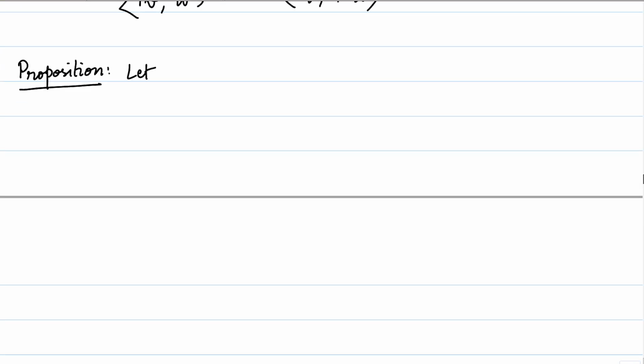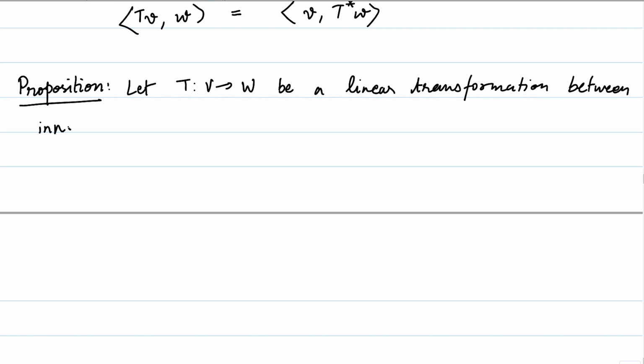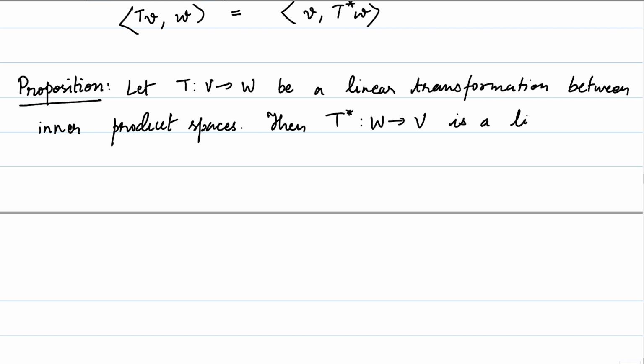Okay, so the context of the proposition is that let T from V to W be a linear transformation between inner product spaces, then T star from W to V is a linear transformation.